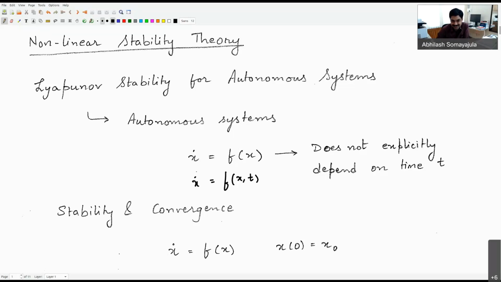Forced spring mass oscillator. Bingo. You can just add a forcing term to the spring mass damper system. Now your system dynamics actually has an explicit dependence on time. The force is actually time varying. So now you start to see a non-autonomous system in that case.